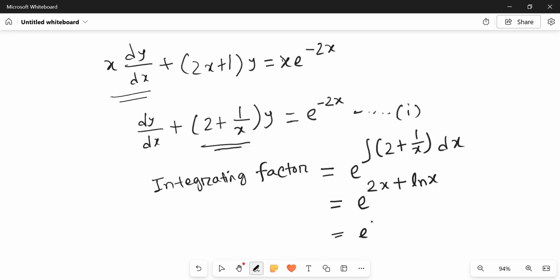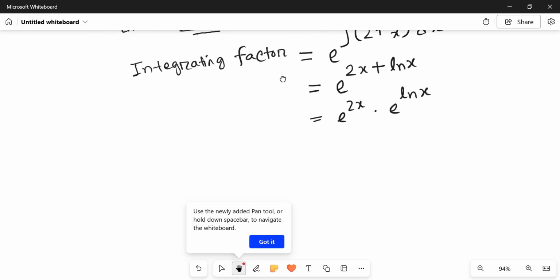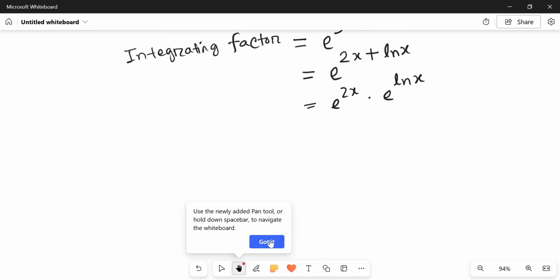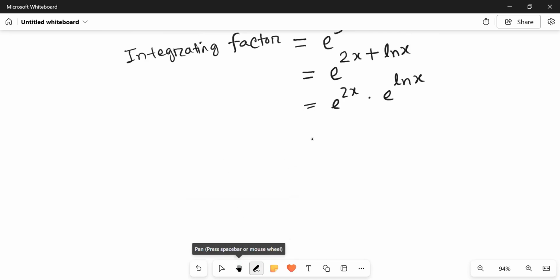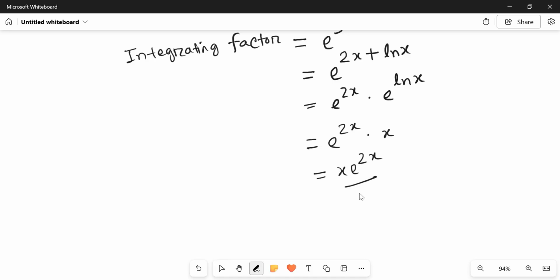Now we simplify it. So we get e to the power 2x times e to the power ln x, and ln and e are basically inverse, so this will cancel out and we get x e to the power 2x. So this is our integrating factor.